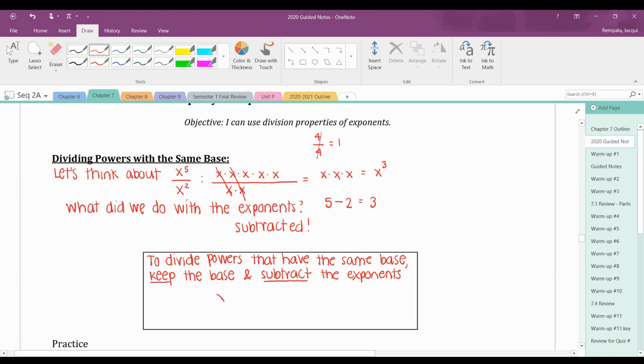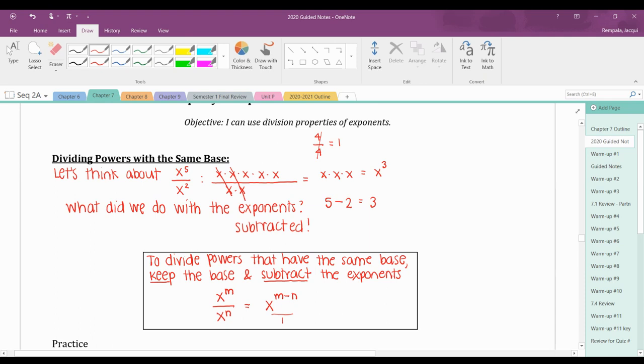So if we had something like x to the power of m divided by x to the power of n, because they have the same base of x, I keep that base of x, and then I take m minus n. Notice that technically then I don't have a fraction anymore. When I do that, it's technically all over 1, which is why we don't normally write the fraction.